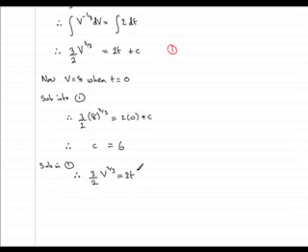Okay, so now we've just got to find out the value of t when v equals 16 root 2. So we'll just put in now when v equals 16 root 2. Again, we'll sub in the above.